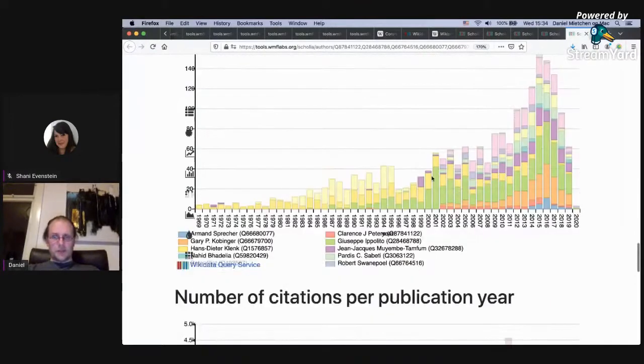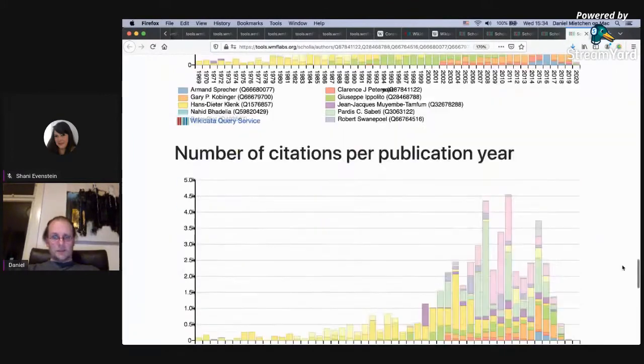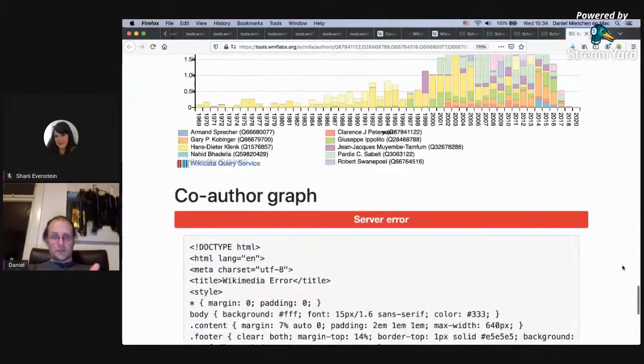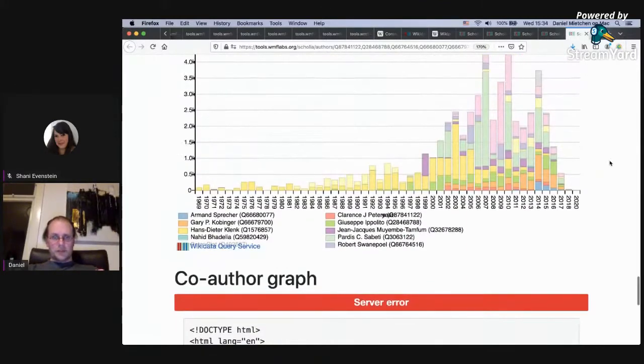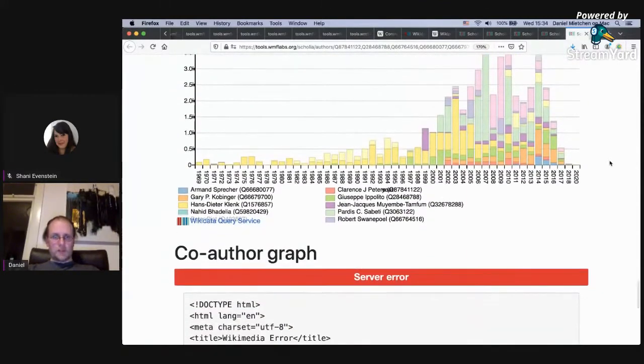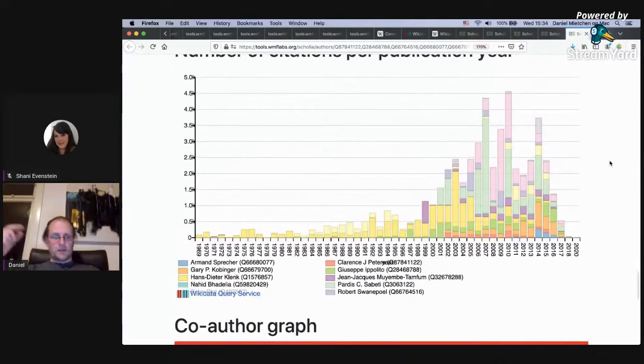And so we can actually pinpoint the first paper they have had together, things like that. How many citations they got over time. And here we have an error because the query got too complex. But in principle, if it works, we would see through which papers they're also connected, or which are the other people in this collaboration network.